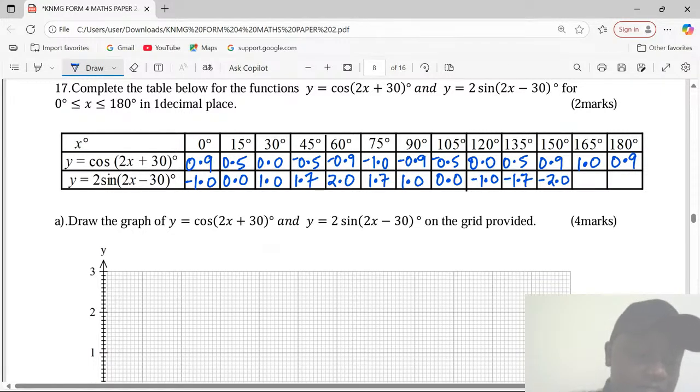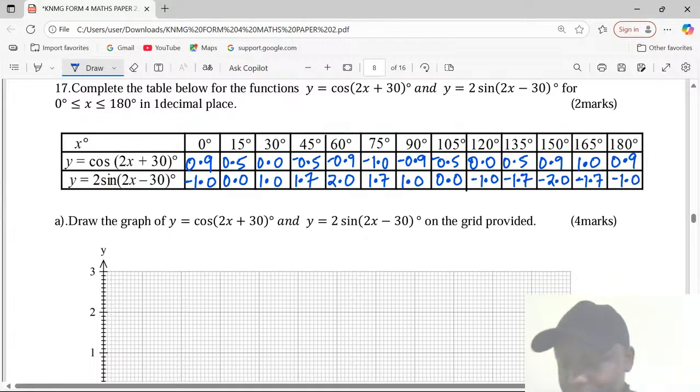Then at 165, 2 into 165 minus 30, 2 sine of the answer, negative 1.7. And finally at 180, 2 into 180, then I subtract 30. So 2 sine the answer, I have negative 1, so it should be 0.0 that way.